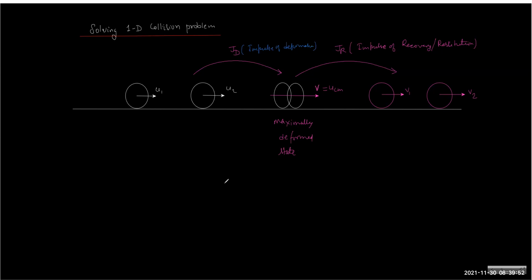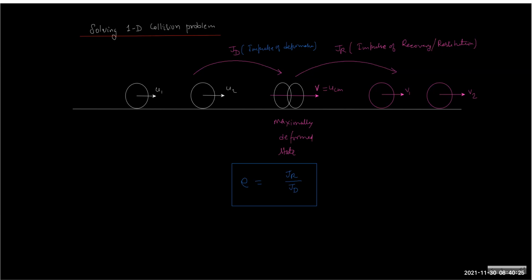So now we have an alternative definition of e. e is also defined as the ratio of impulse of recovery upon impulse of deformation. The impulsive force developed during the impact from the moment it hits till the moment it is maximally deformed, so this J_D is the product of force and the duration, which is definitely very small.